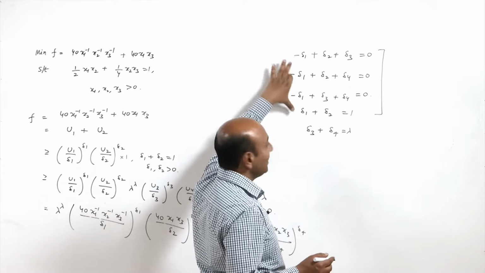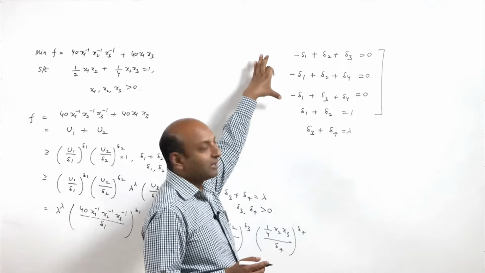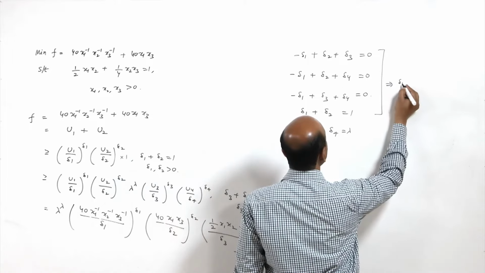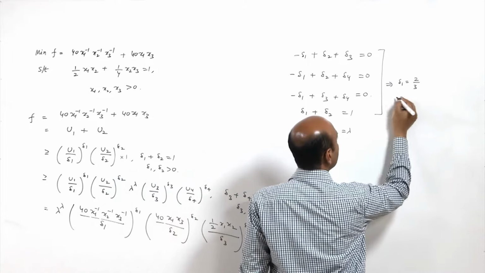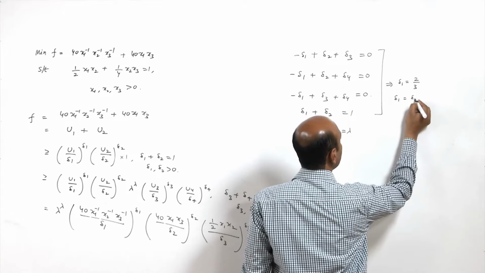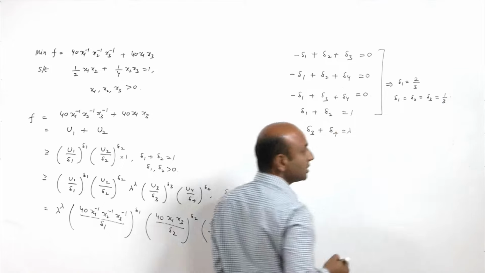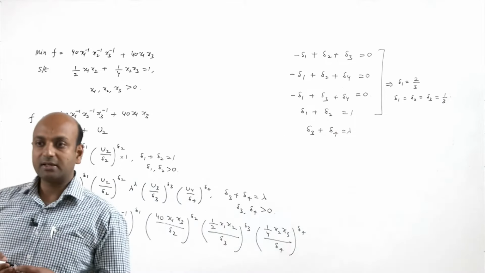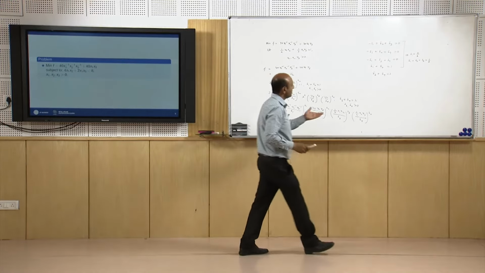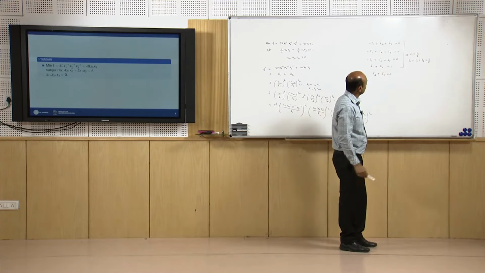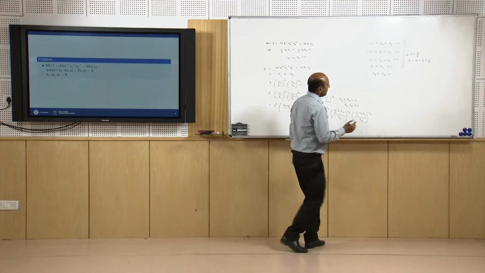So, you can solve it. I know the values of delta 1, delta 2, delta 3 for this system. For this system, delta 1 can be obtained as 2 by 3, and delta 2, delta 3 and delta 4 are 1 by 3. You can solve it and find these values, and simply verify that these satisfy all the equations. So, what will be lambda?